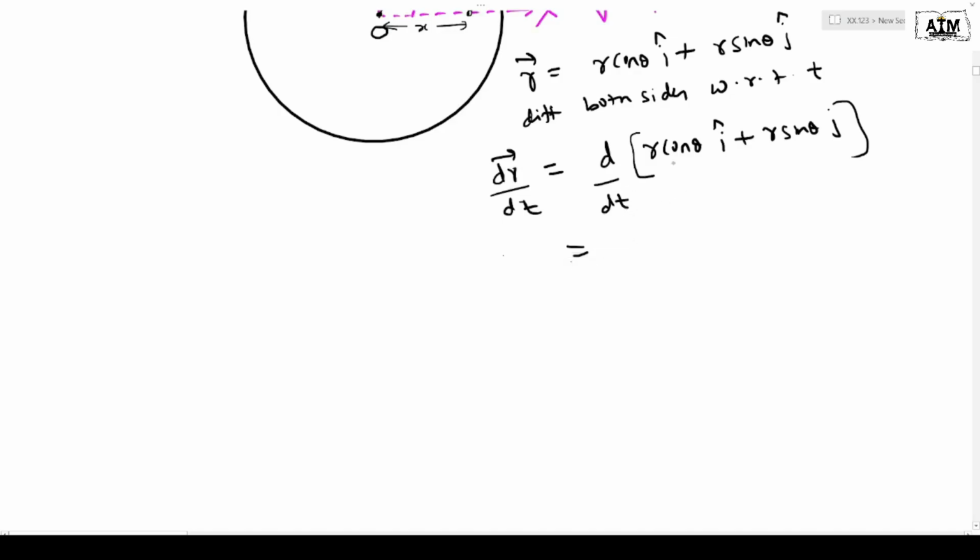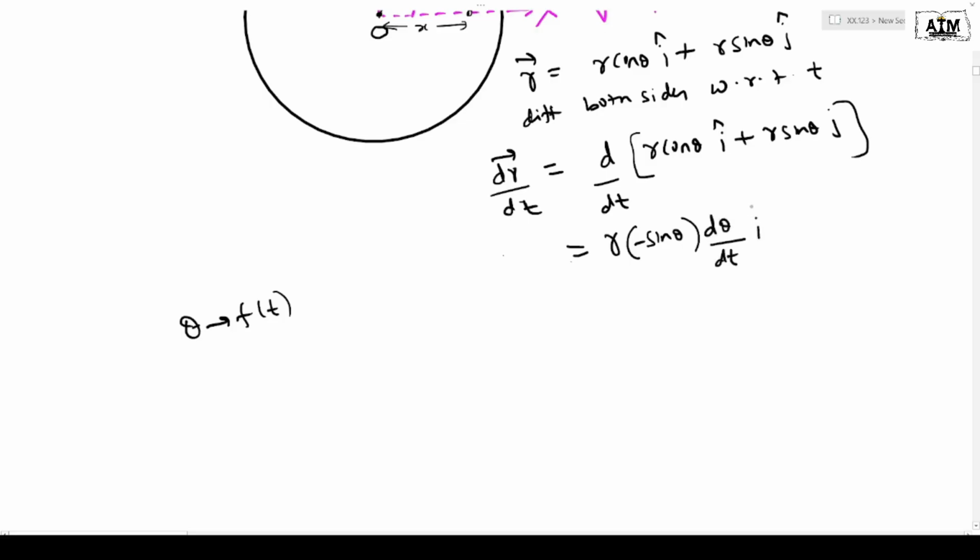Here R is a constant, so keep it as it is. The derivative of cos theta is minus sin theta, and theta is a function of time. The more the time, the more the theta covered. Therefore, theta depends upon time, so we need to take the derivative of theta too. The derivative of theta is d theta by dt.